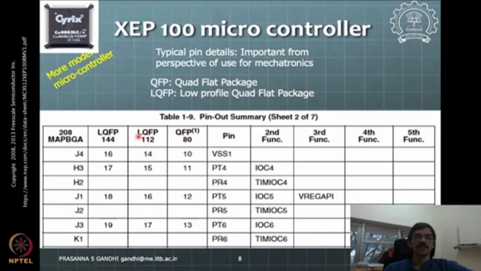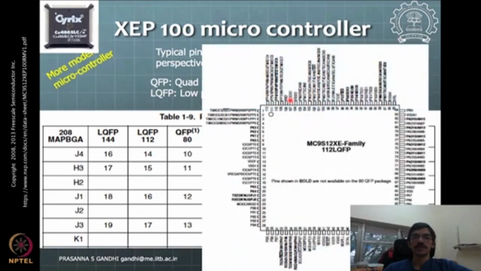This low profile quad flat package, or LQFP, is how this chip is packaged and how these pin terminals come out. So LQFP 144 means it has 144 pins coming out.